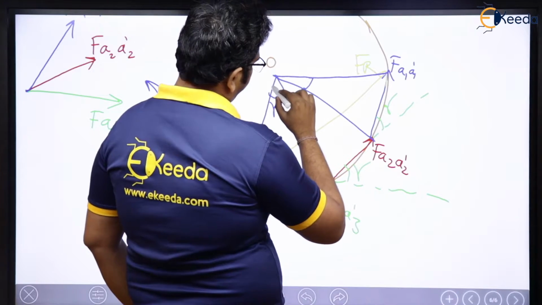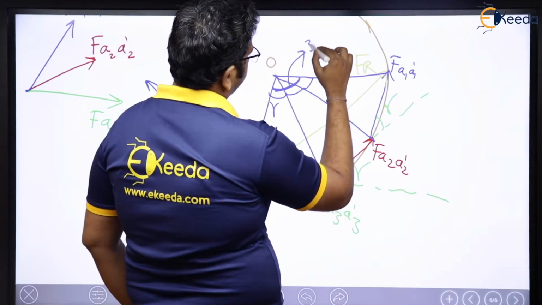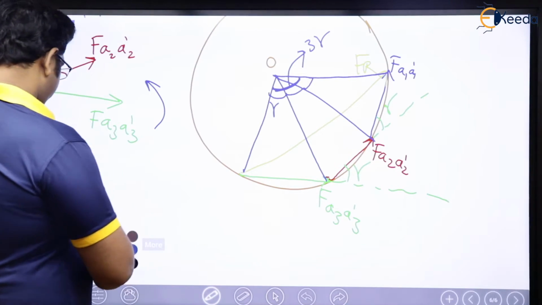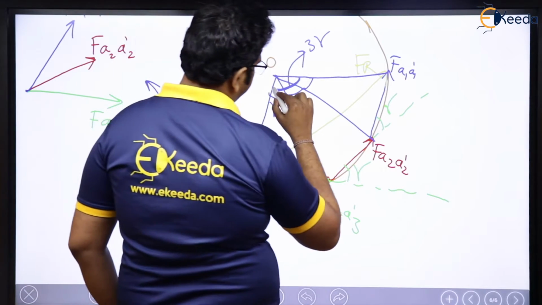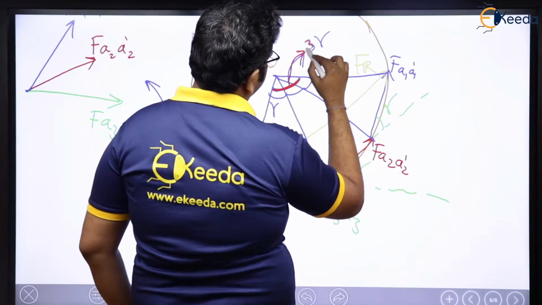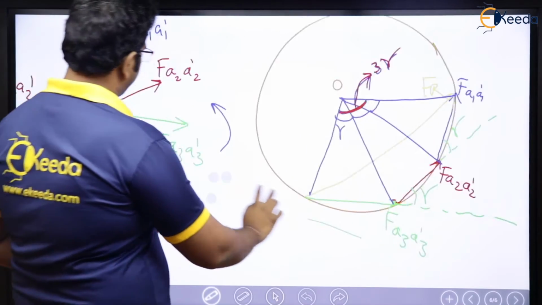So this total is going to be how much? 3 gamma. This total angle is going to be 3 gamma. Let me consider red here. This total angle is going to be 3 gamma. But what is 3 here? 3 is what?